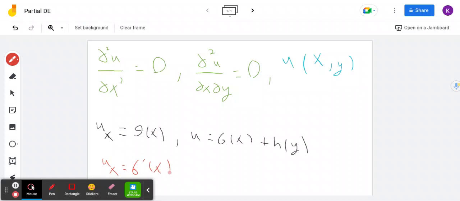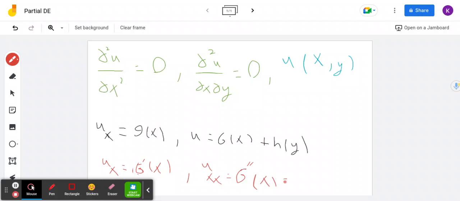Then when we do it a second time, u xx, the second partial derivative with respect to x, would be g double prime of x. And this is equal to 0.